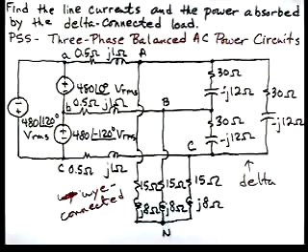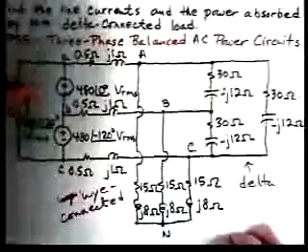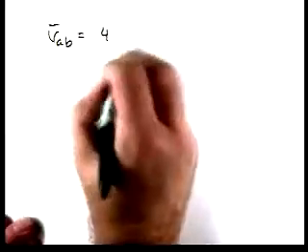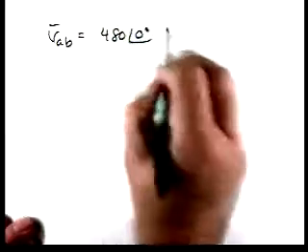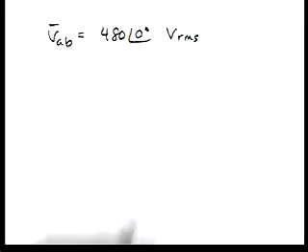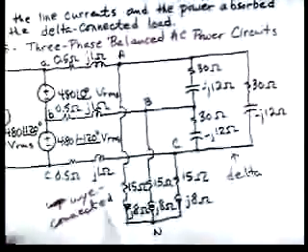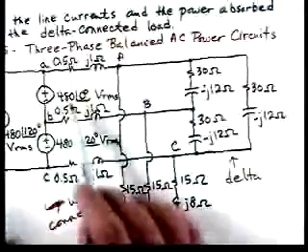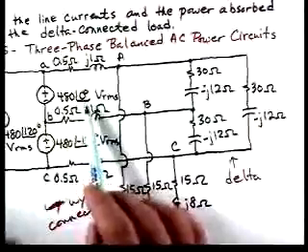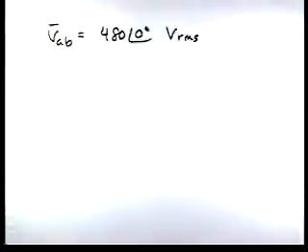Let's start off and take our source. It's a delta connected source, and VAB is equal to 480 at an angle of 0. BC lags AB by 120, so it's ABC phase sequence.